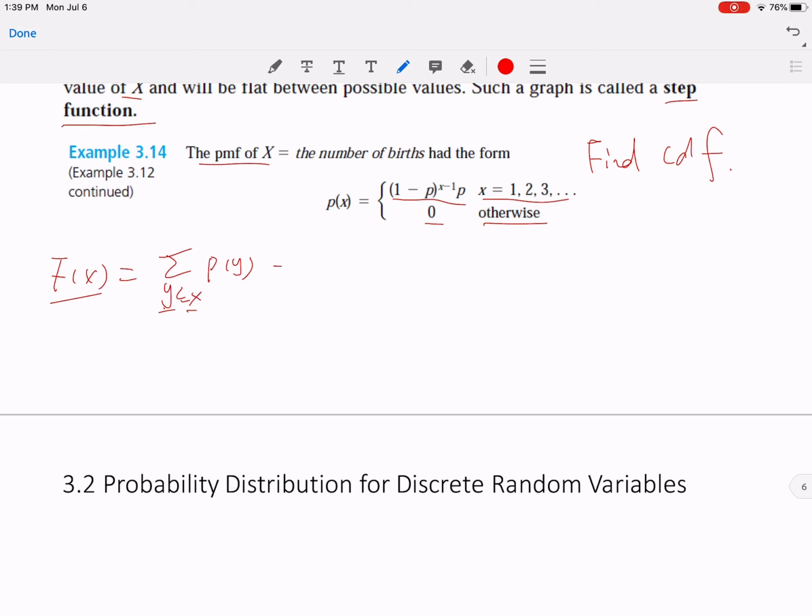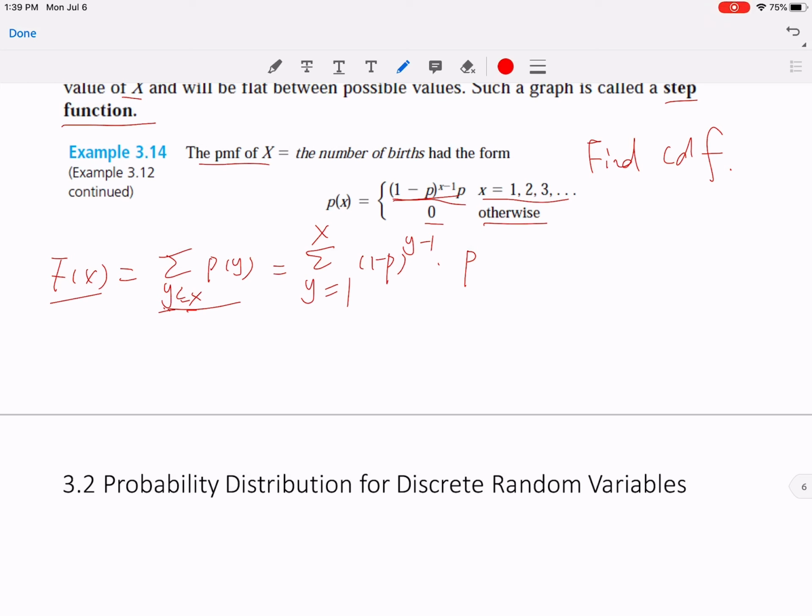Now we just plug this back into here. So that would be equal to the sum of y equal to 1 through x of (1 minus p) to the power of y minus 1, times p.